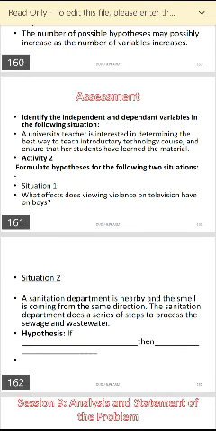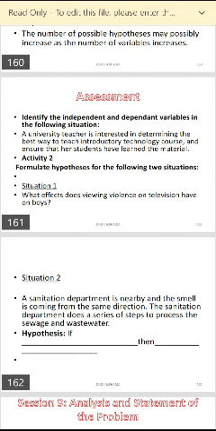Formulate the hypothesis for the following two situations. Situation 1: what effect does viewing violence on television have on boys? Situation 2: a sanitation department is nearby and the smell is coming from the same direction.